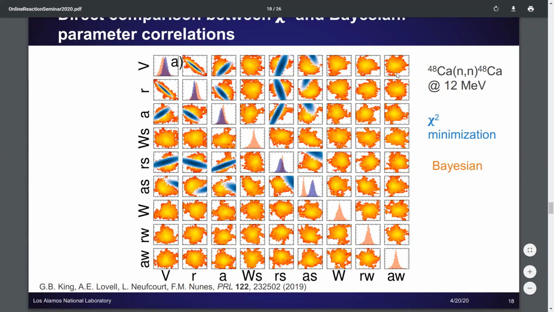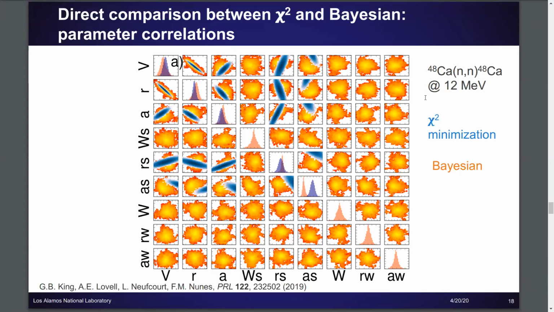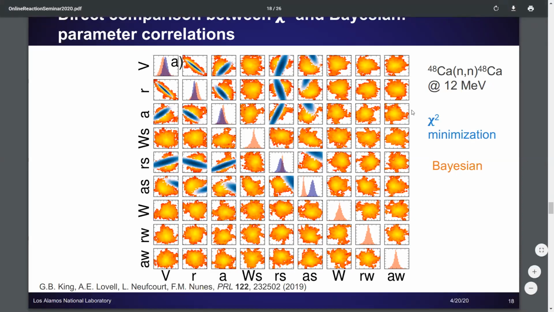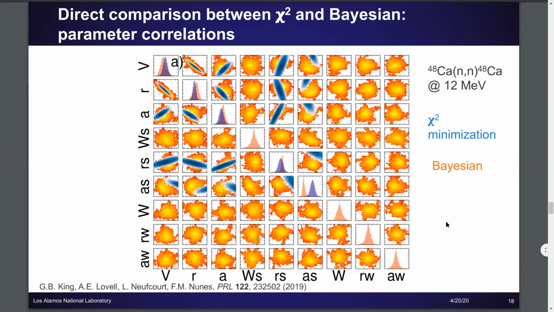On the off diagonals, we have all of the parameter samples that we've done as scatter plots so we can look at the correlations. And so for the chi-square minimization, we see that these parameters are really highly correlated, pretty much in every case that we've looked at. And this is specifically for the neutron scattering at 12 MeV on calcium-48, but this is also the case in pretty much every other example we've looked at so far.